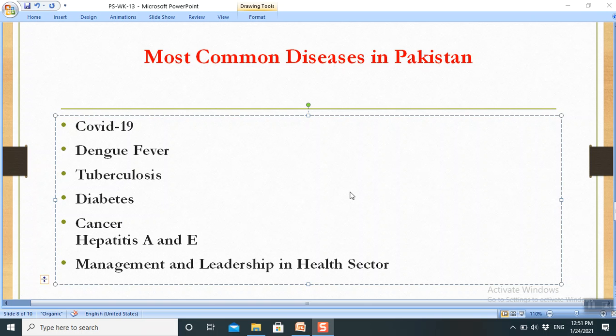Dengue fever is a mosquito-borne disease. It cannot spread from one person to another, and its symptoms are high fever, headache, muscle pain, vomiting, and skin rashes.